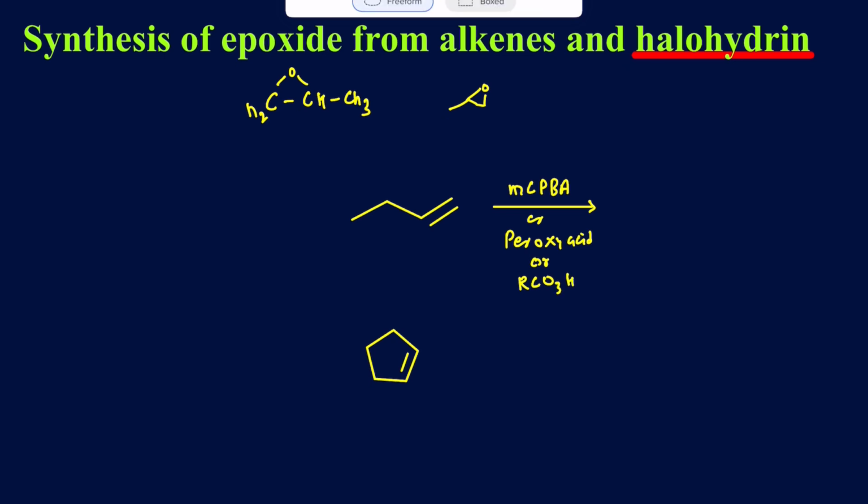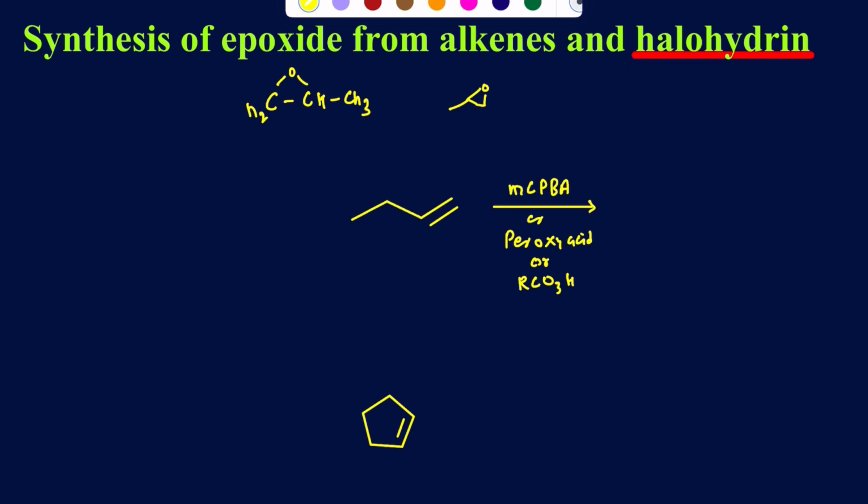So you could possibly be seeing any one of those as the form of the reagent. They are the same forms right here. So peroxy acids or RCO3H or the MCPBA, they're just the same thing. MCPBA is one example of the peroxy acids that's most commonly used.